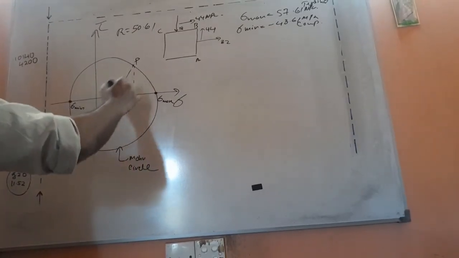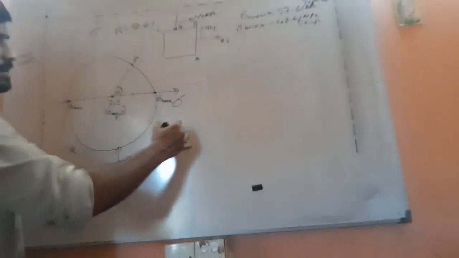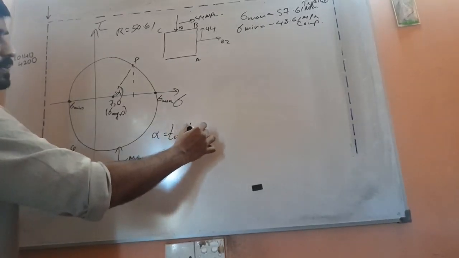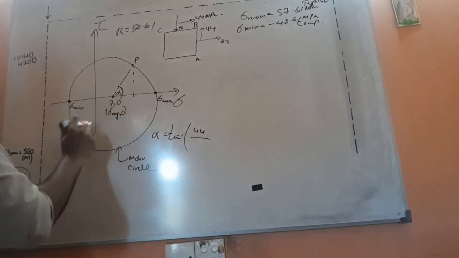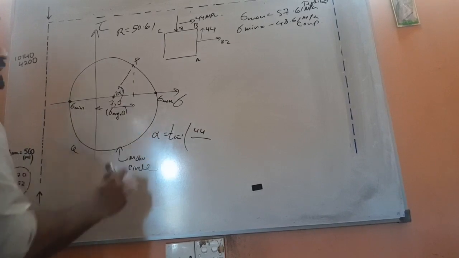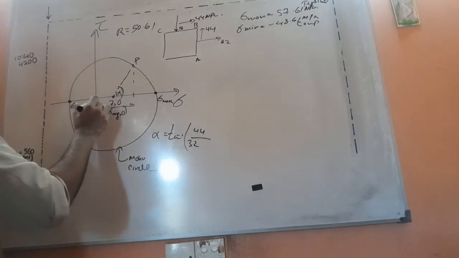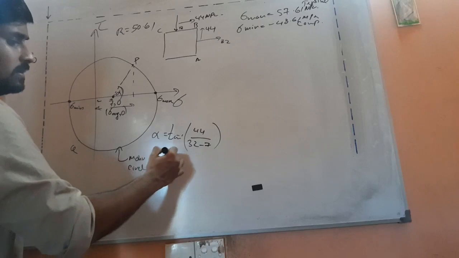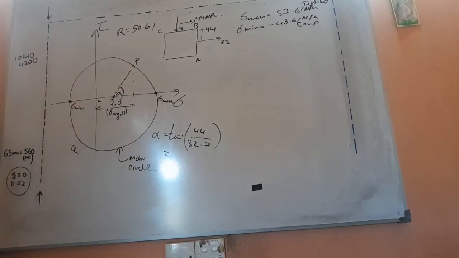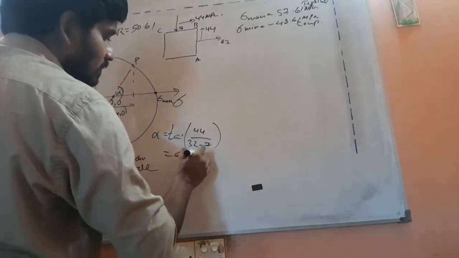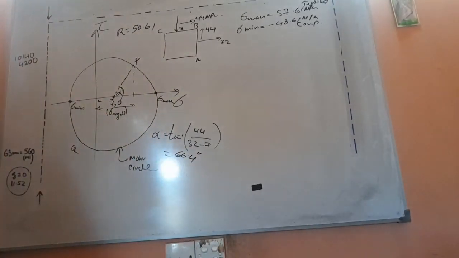You can consider this right angle triangle. So then you can say alpha equals tan inverse this length y 44 divided by this length, because from here to here length is 32, from here to here it is 7, so 32 minus 7. I think that value alpha is how much? 60.4 degrees. Okay, so now that is also done.